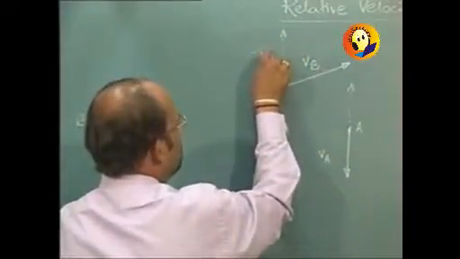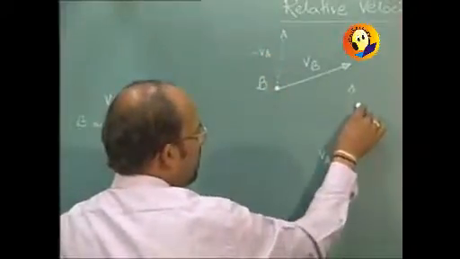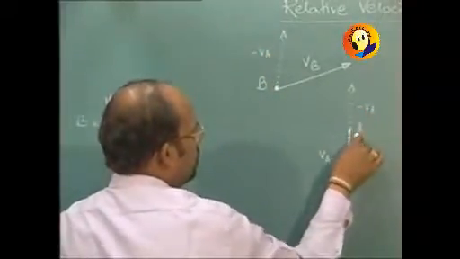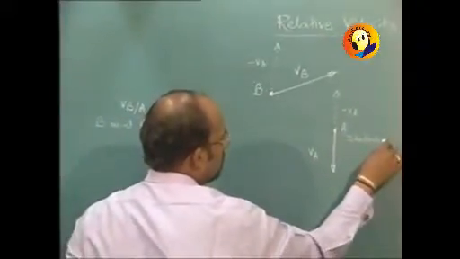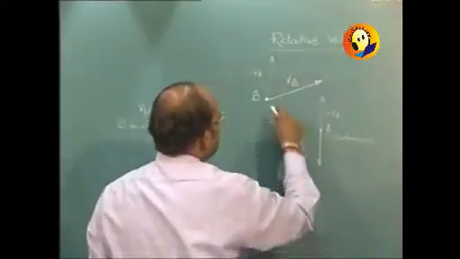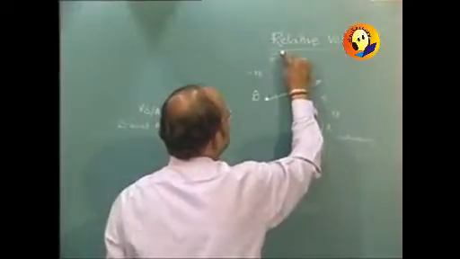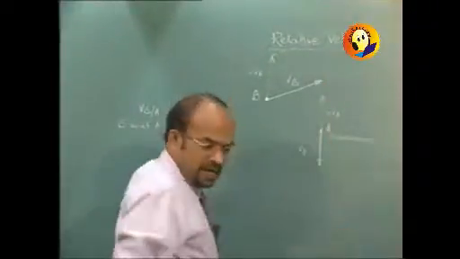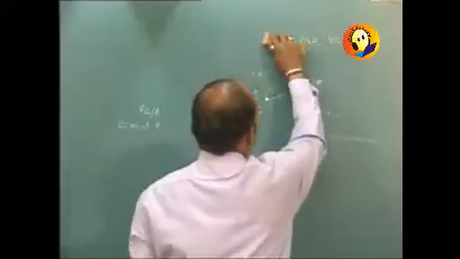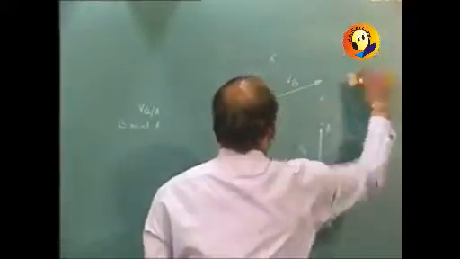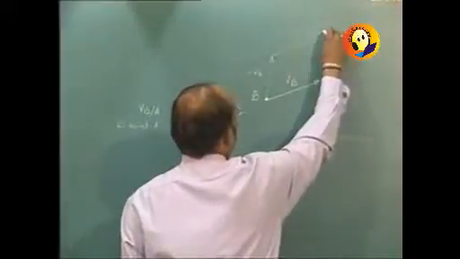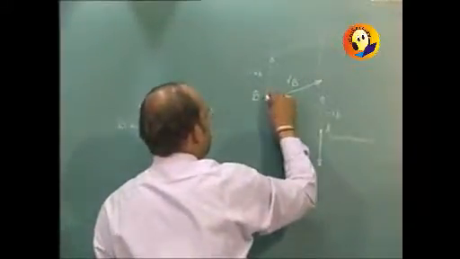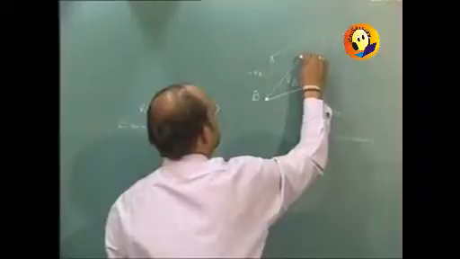So, this is minus VA that we are applying. So, A becomes stationary, and then B will have the resultant velocity, being the vector addition, the resultant velocity of B can be found out by the usual law of parallelogram, and we will find that B is moving in this direction.